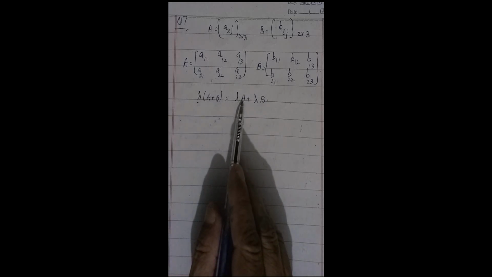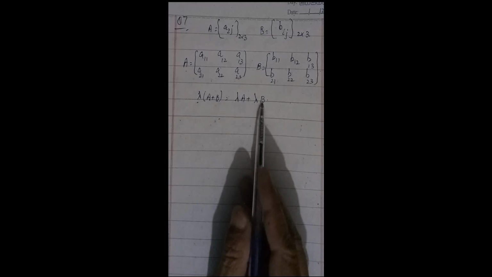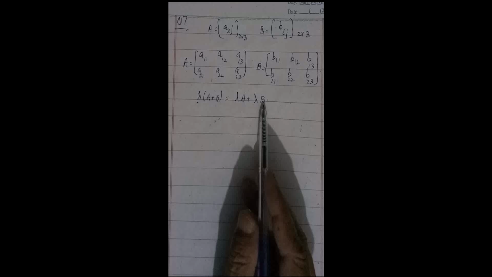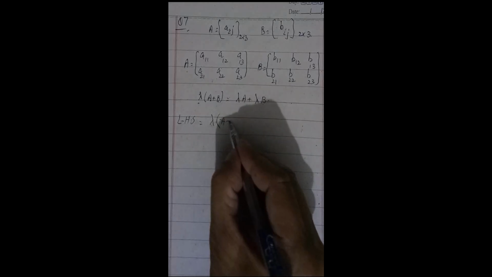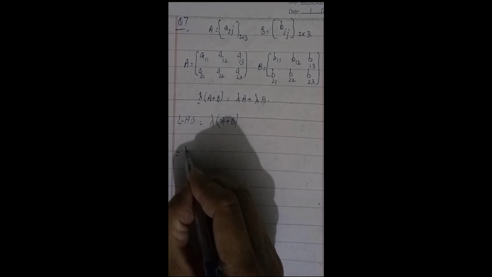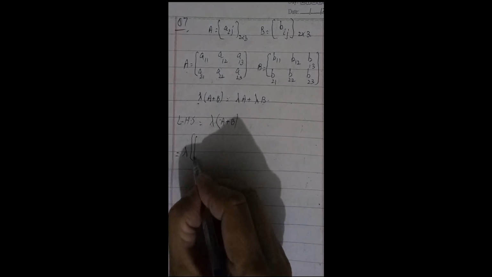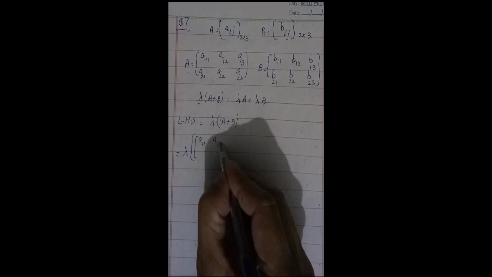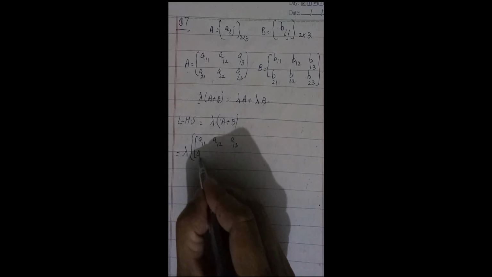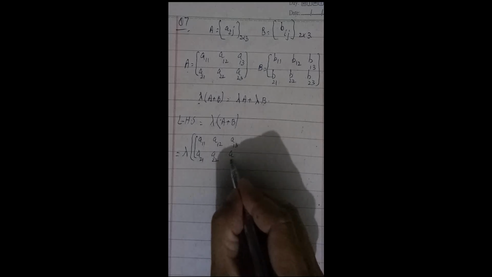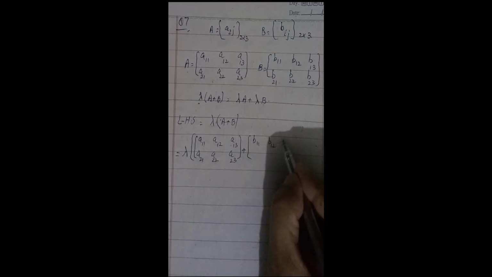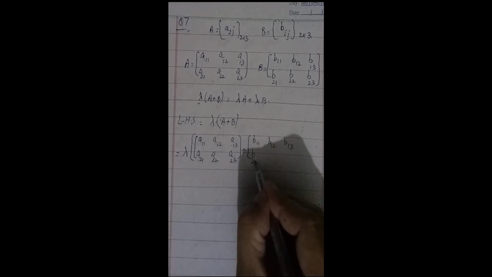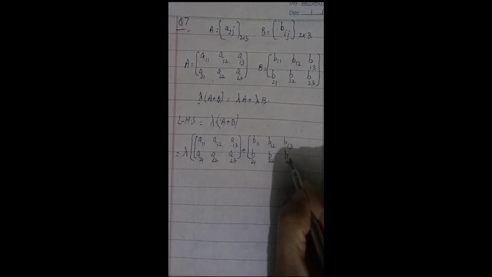On the right side, we multiply lambda with A and lambda with B, and then add both lambda A and lambda B. Now we solve left hand side, which is lambda A plus B. We have lambda, matrix A is A11, A12, A13, A21, A22, A23, plus matrix B is B11, B12, B13, and second row is B21, B22, B23.